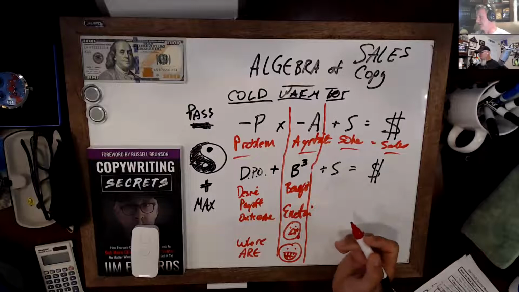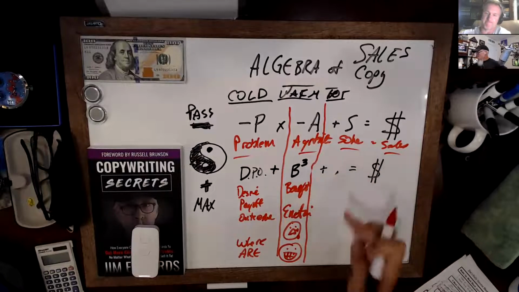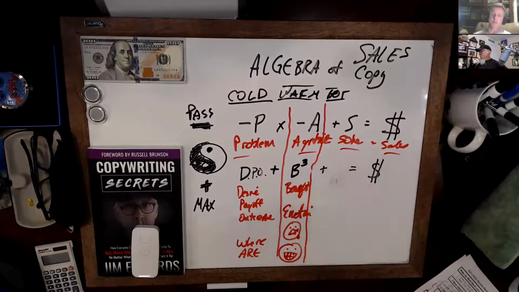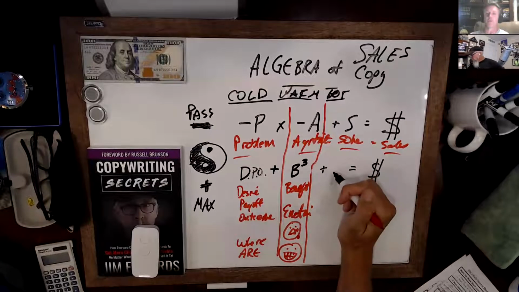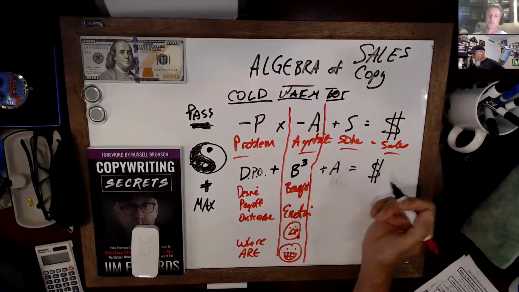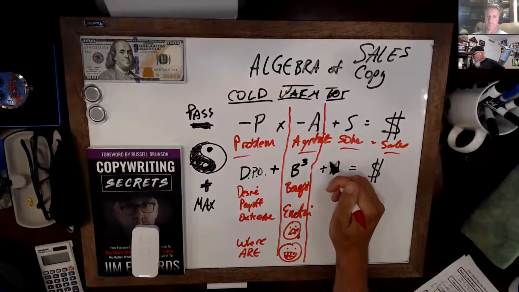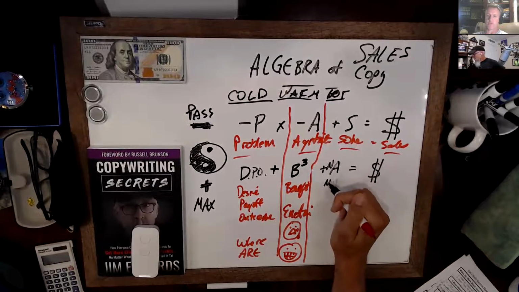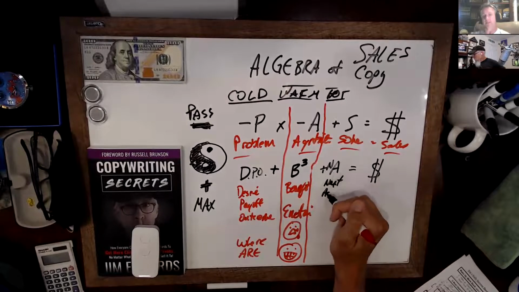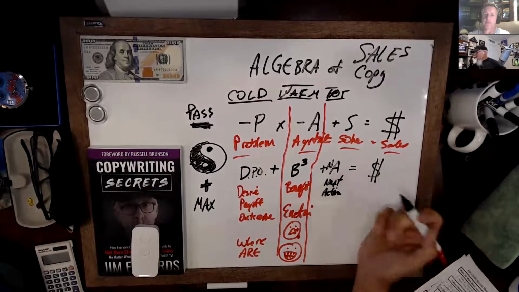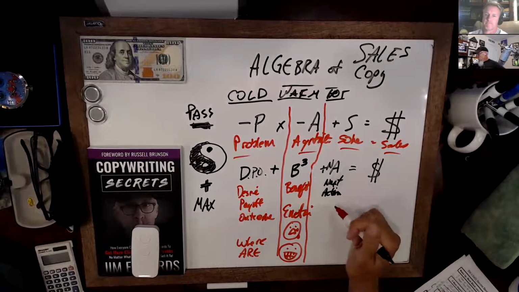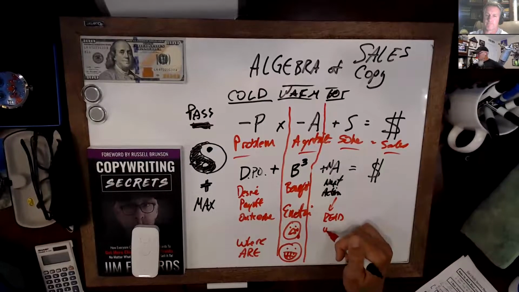Nice. Oh yeah. This is just sales copy 101 placed in a formula that is a great little tool to check yourself. Go into your sales copy and see if you're meeting all of these little criteria.